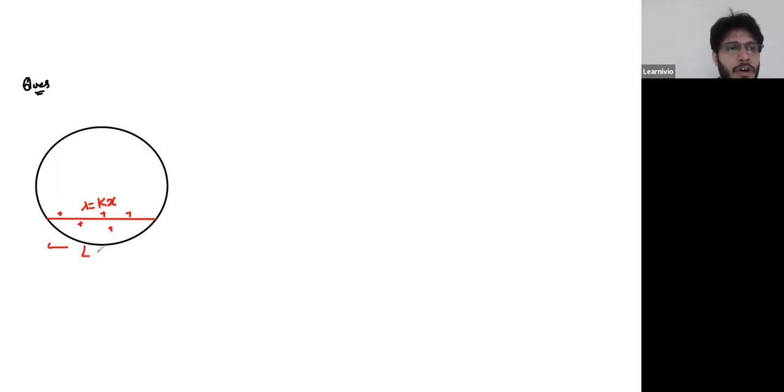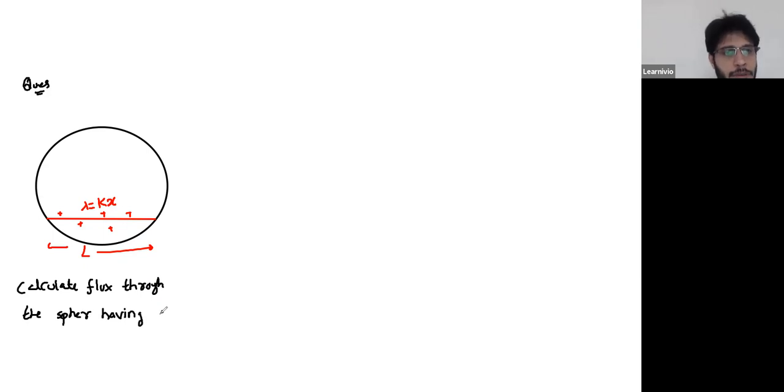The length of the rod is L. Calculate the flux through the sphere having a charged rod of length L. So if you have a charged rod of length L, you're supposed to calculate the flux through the sphere.